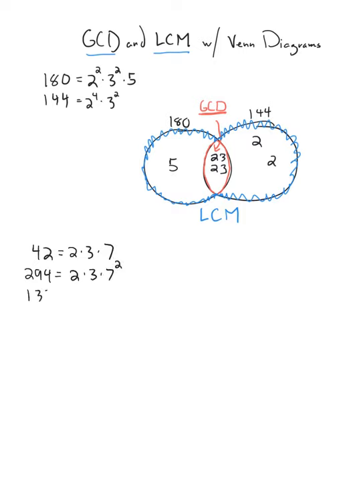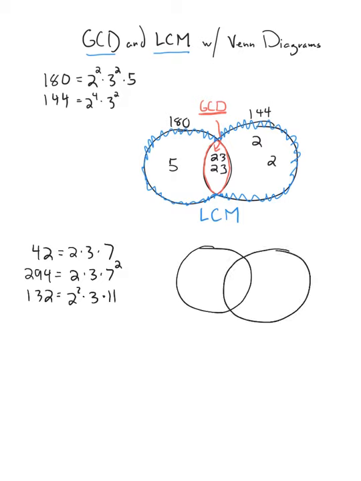And 132 was 2 squared times 3 times 11. So we have three numbers. They aren't the best circles, but just bear with me. So this will be the circle for 42. This will be for 294, and this will be for 132.